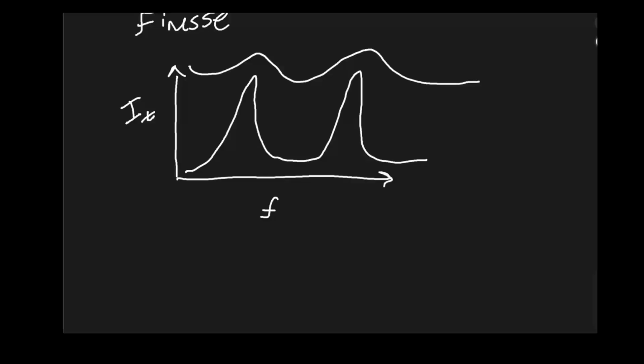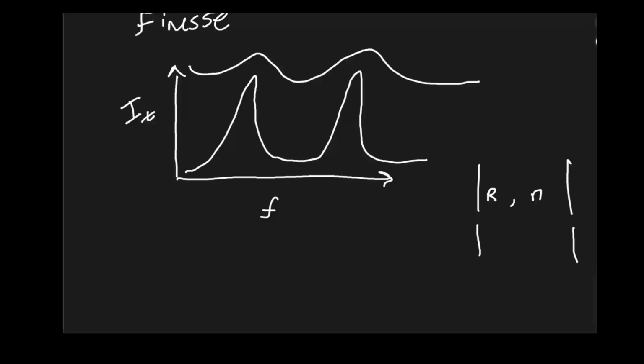Just as a quick reminder, an etalon is two parallel surfaces that act as mirrors with reflectivity R and index of refraction N. In a lot of the cases that I work on in the infrared, N would be for germanium or air gap, depending on what you're doing.